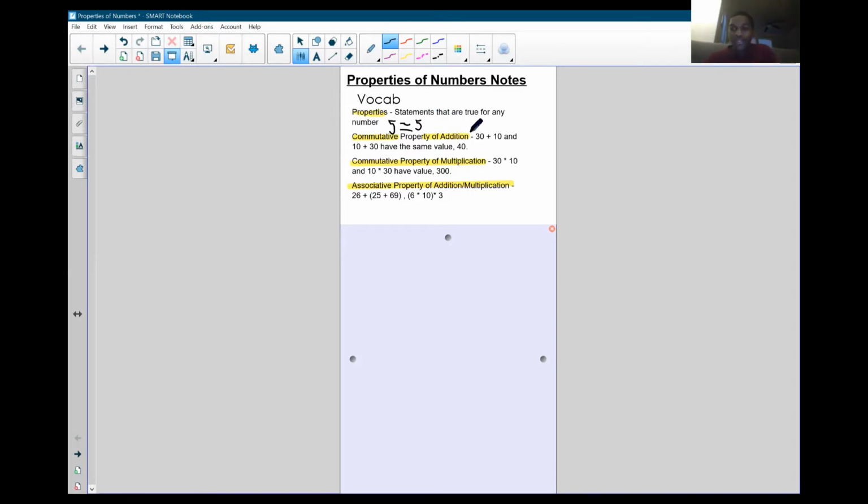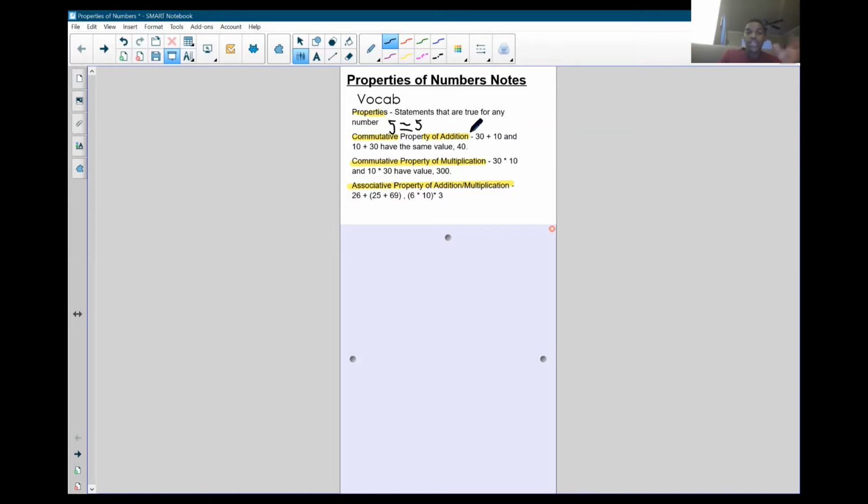5 equals 5. And then we have the commutative property of addition. 30 plus 10 and 10 plus 30 have the same value, which is 40. Same thing with multiplication. 30 times 10 is 300, and 10 times 30 has a value of 300. And then you have the associative property of addition and multiplication.